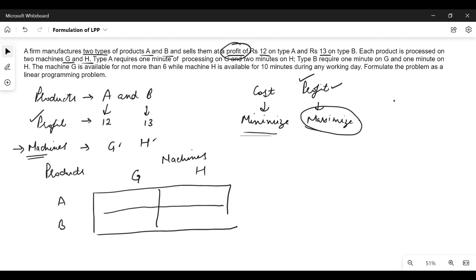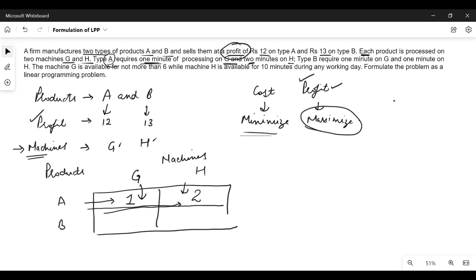Okay, now you can see here that each product is processed on two machines, and type A requires 1 minute on G. I will write here A requires 1 minute on G. And 2 minutes on H. So this data is for product A. Fine.